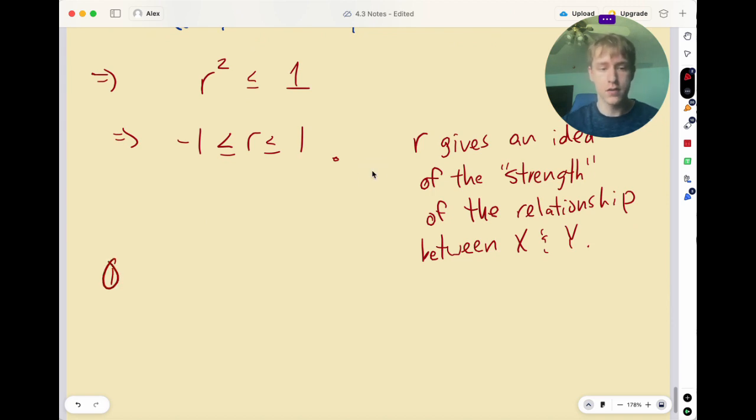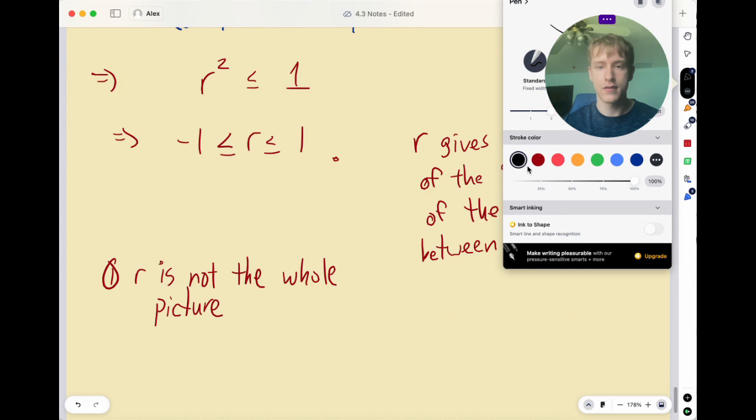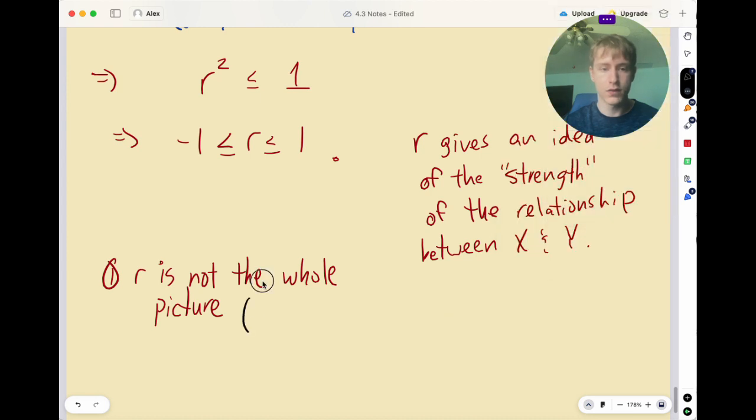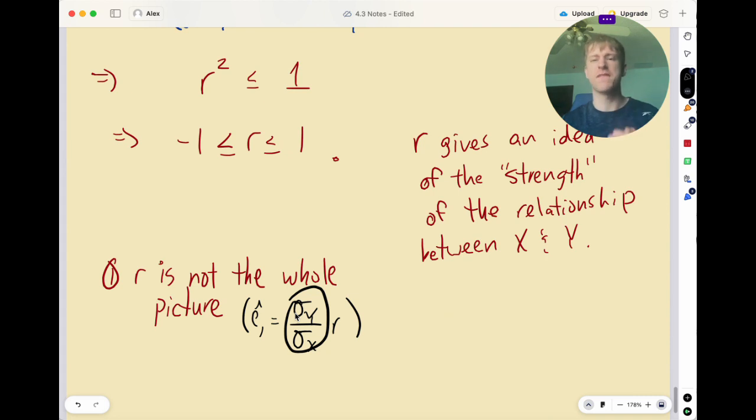Number one, R is not the whole picture. Because you remember that the slope of the linear regression line, so that C1 hat, was sigma y over sigma x times R. Okay, so R kind of gives you the sign and it gives you the strength, but sigma y over sigma x gives you this magnification.